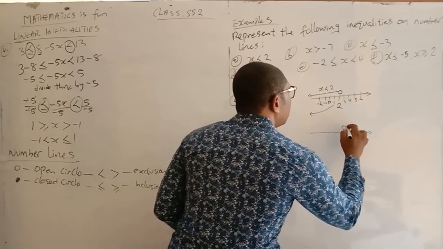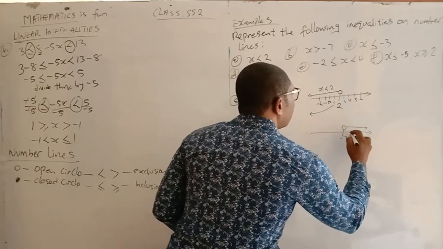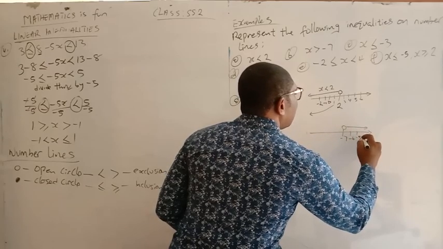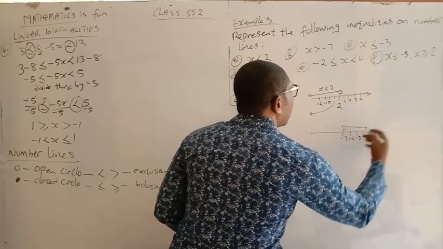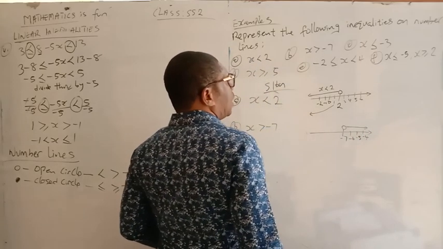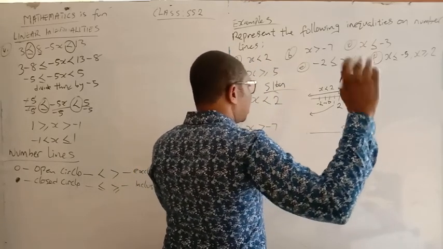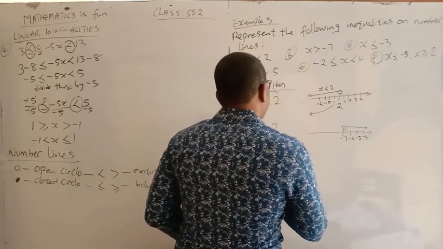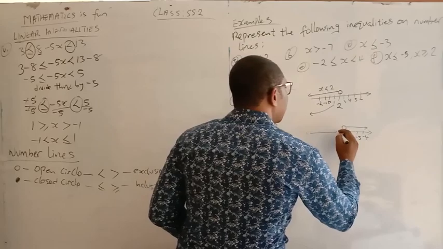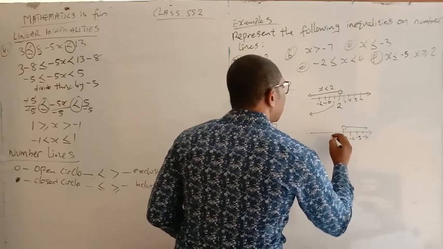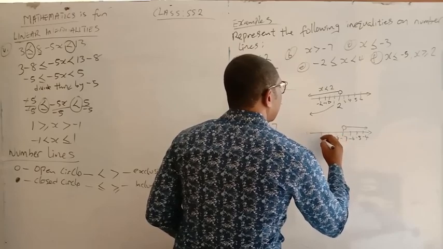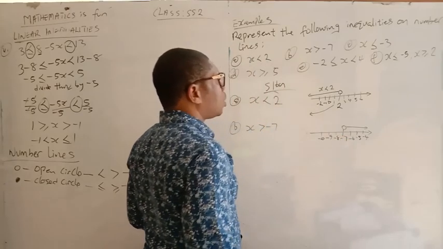Excluding minus 7, you have numbers from minus 6, minus 5, minus 4, and so on. So 0, 1, 2, 7, 8, 10. But not numbers on this side. These numbers are less than minus 7: minus 9, minus 10, and so on.